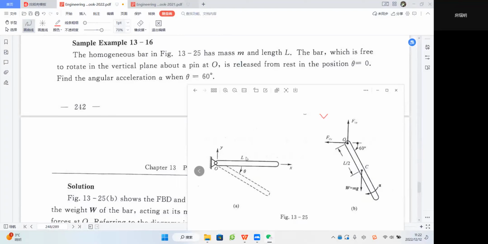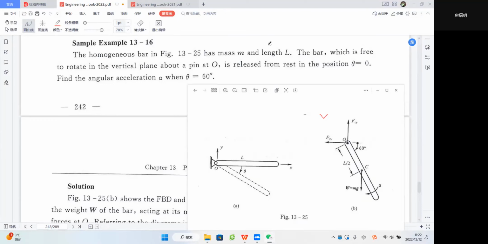So it has mass m and length L. When it rotates around one of its ends, its mass moment of inertia will be 1/3 m L squared. But when we figure out its mass moment of inertia about its mass center, it will be 1/12 times m L squared. That's what you should remember.